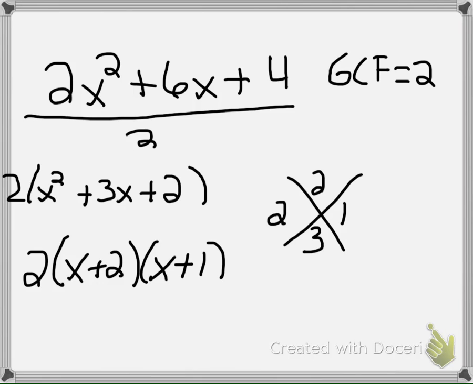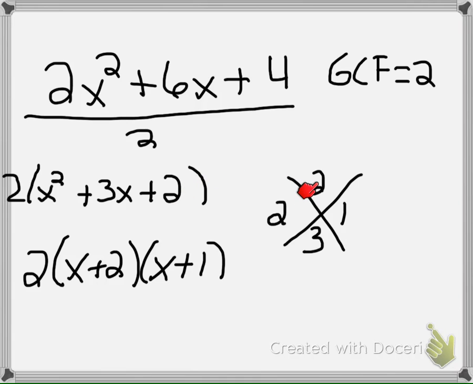So here I go. 2x squared divided by 2 is x squared. 6x divided by 2 is 3x. And 4 divided by 2 is 2. Now you'll notice that I can't just make that 2 magically disappear, so it's still out here outside of the parentheses, and it's really 2 times the quantity x squared plus 3x plus 2. This is what I'm going to factor now with my diamond.